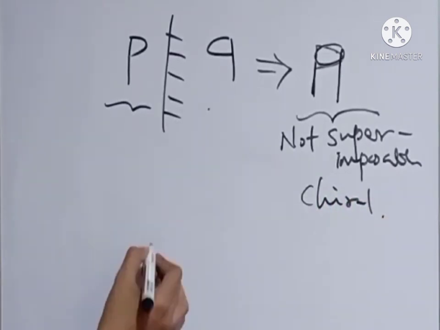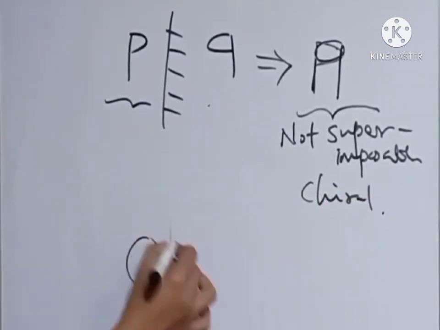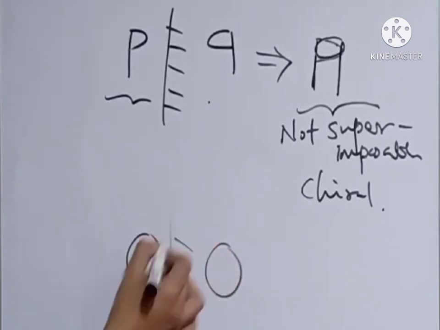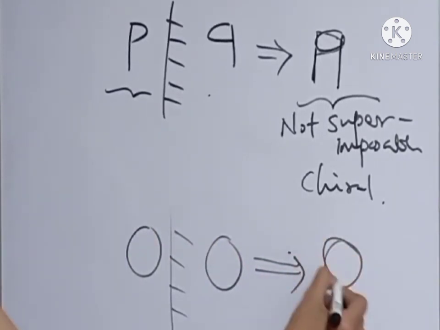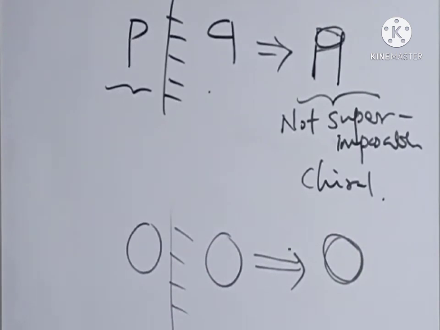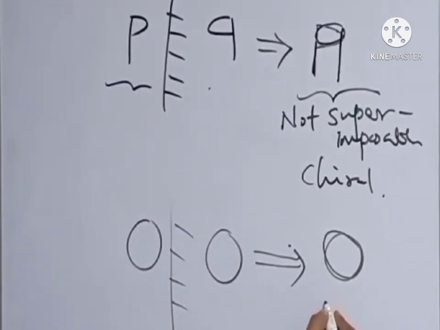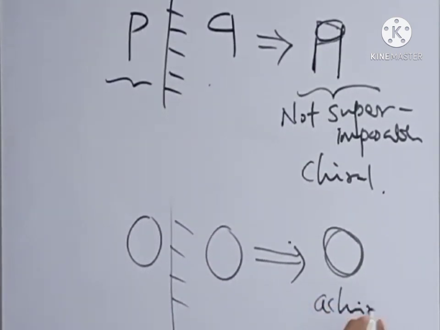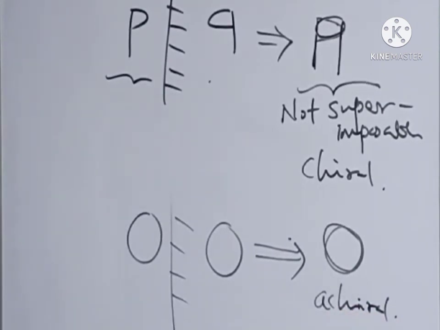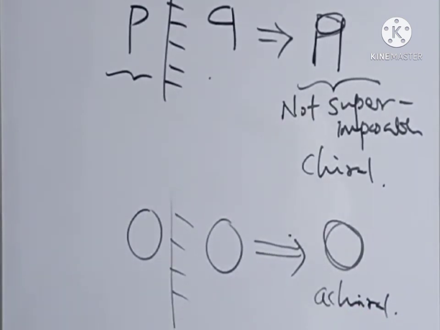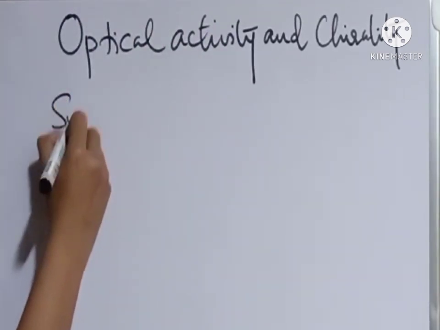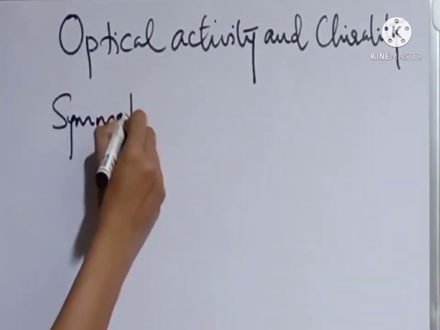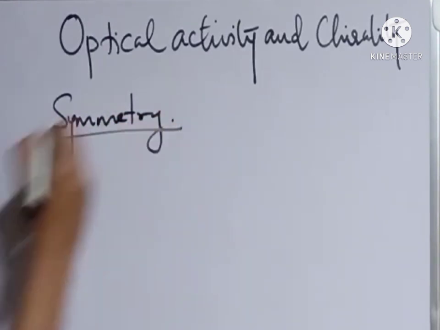Same way, if we consider O, the mirror image appears like this and the image is superimposable on the object, and it is an achiral object. The concept of chirality is always associated with the symmetry of an object.